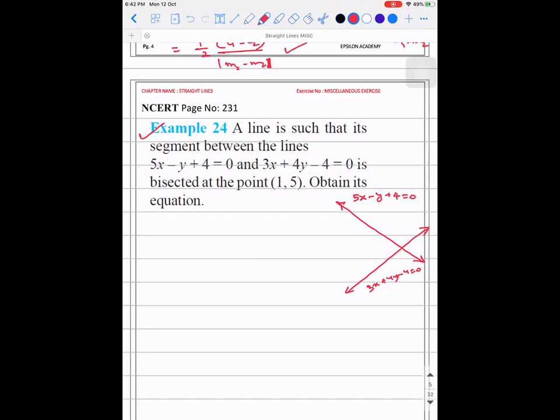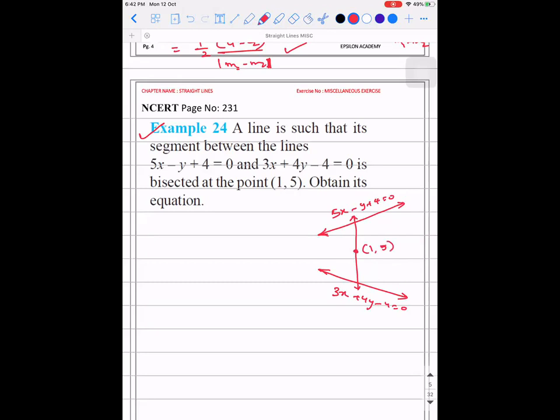The line is such that its segment. So this line is there, that is 5x - y + 4 = 0. Similarly, you have another line 3x + 4y - 4 = 0. There is some other line in this way that it is bisected at the point (1, 5). Okay. Obtain the equation of this line.